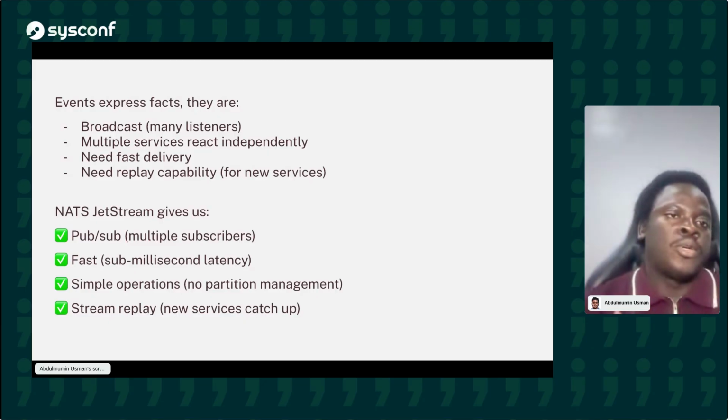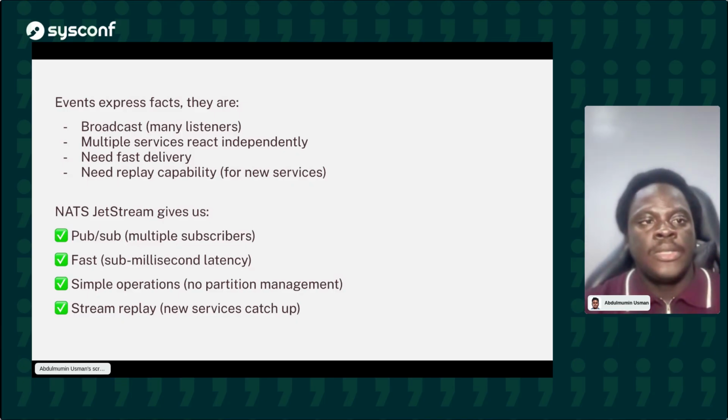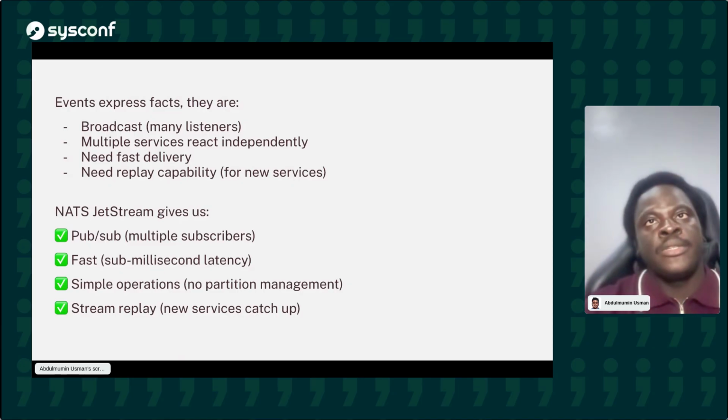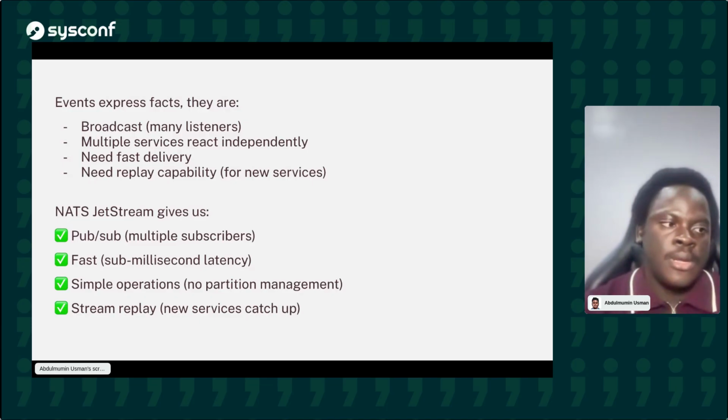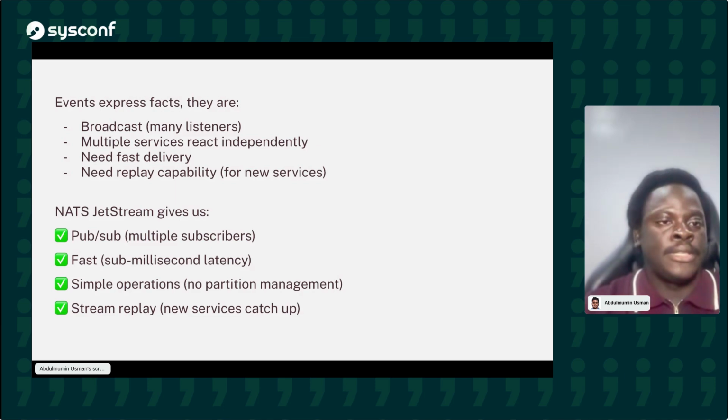So you could have multiple services react to that event simultaneously, independently. Generally, with an event system, you could use something like a simple pub sub system.